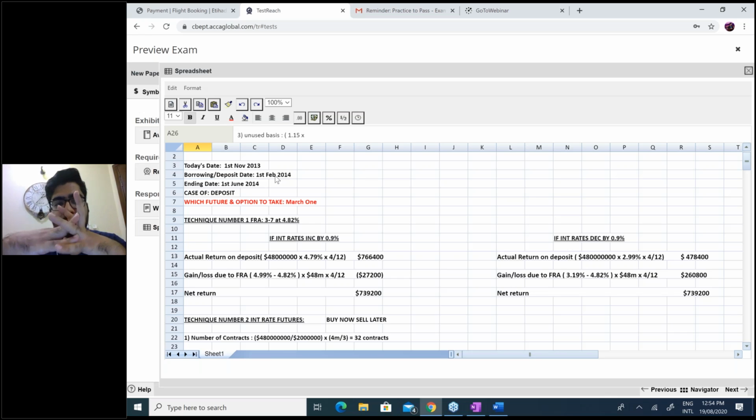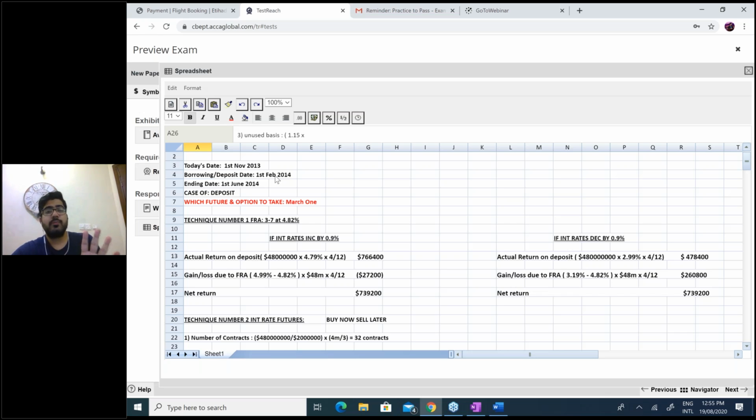There is no possibility. You only get for December, March, June, and September 30th. So you wanted a future of 1st Feb, but you didn't have it. You only had for 30th December, 30th March, 30th June, 30th September. So you took the 30th March future.